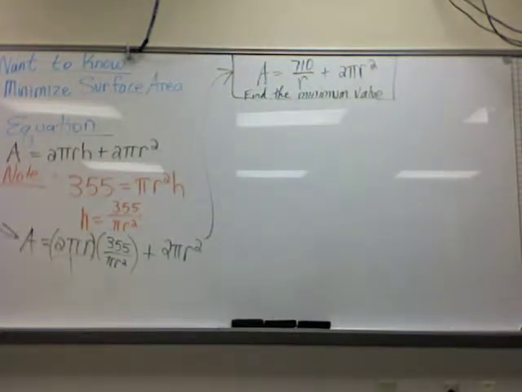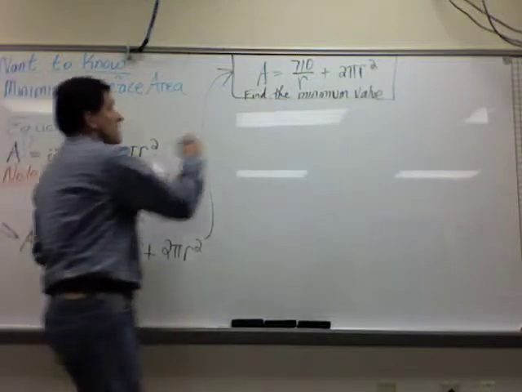All right. How do we find the minimum value? Find the derivative and then do what? Set it equal to 0. Yep. Find the derivative, set it equal to 0. So, here we go.